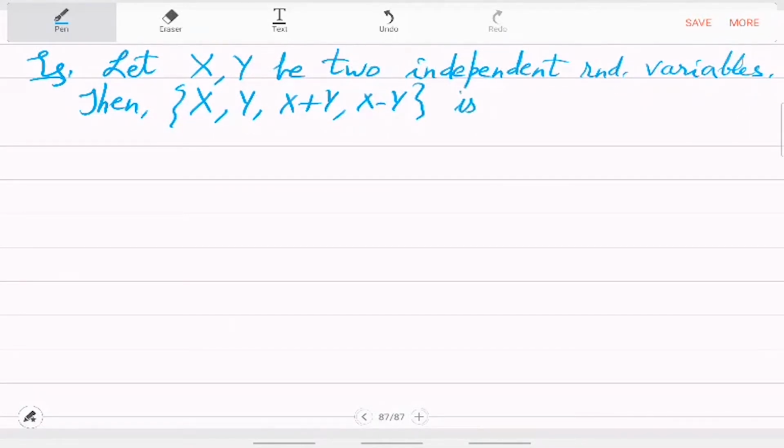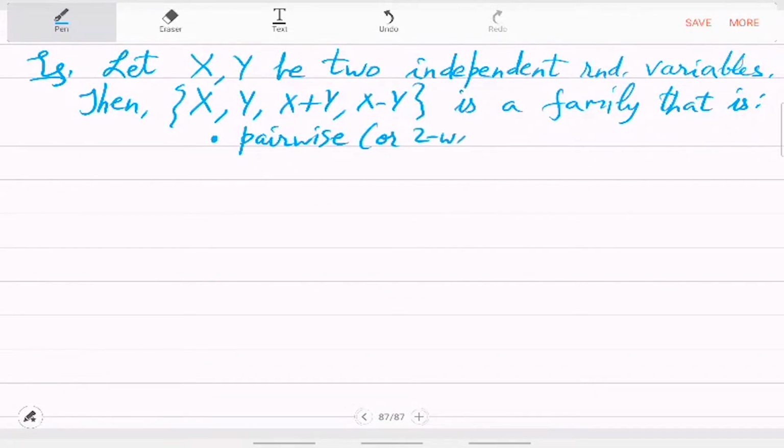So this is a family that is pairwise independent, or two-wise independent. Why is that?